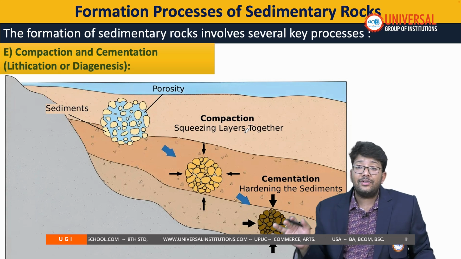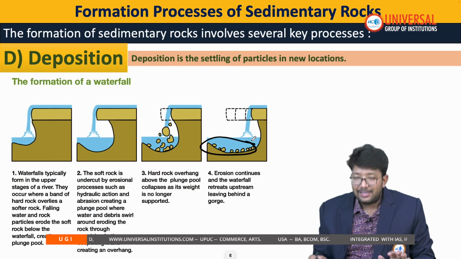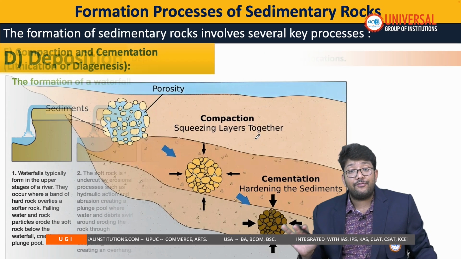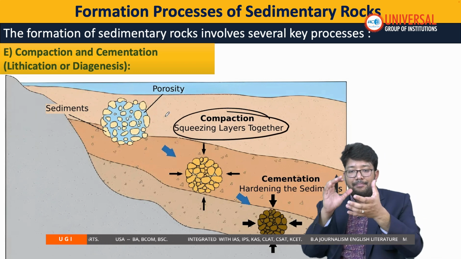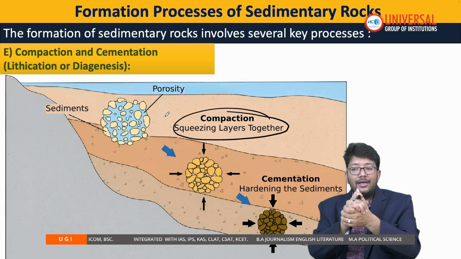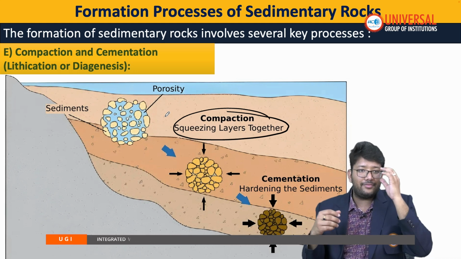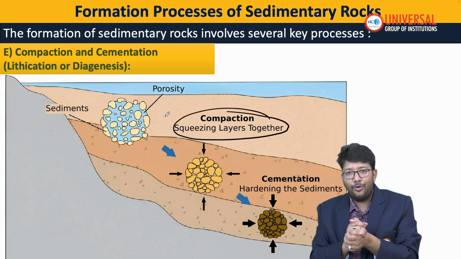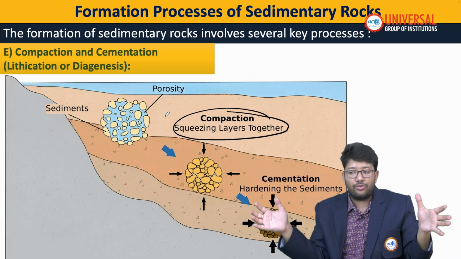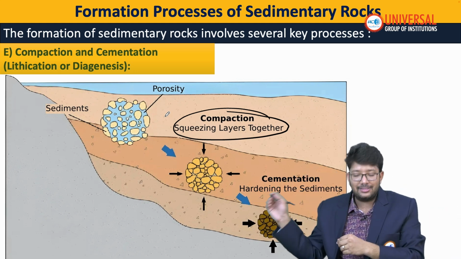And the last one is, this is the particle settling down, but what if those particles become compact? Means they become more squeezed together. Have you ever done that? If you have prepared cottage cheese at your home, then we squeeze, the water comes out. Exactly the same is here also.